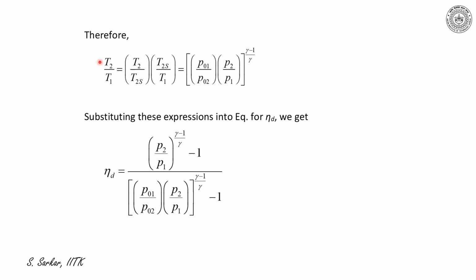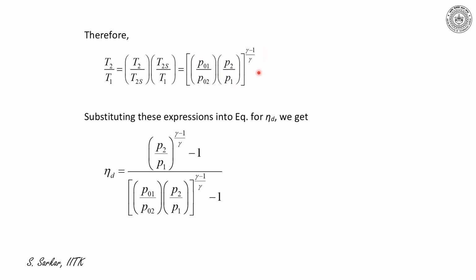Therefore, T2 by T1 would be equal to (P01 divided by P02 into P2 by P1) whole to the power gamma minus 1 by gamma.